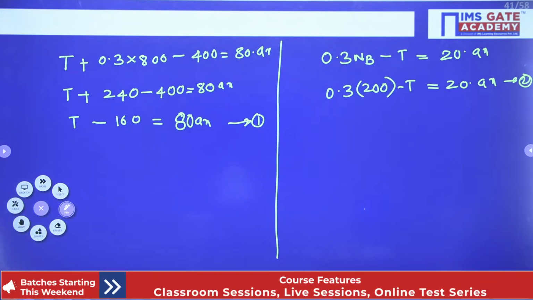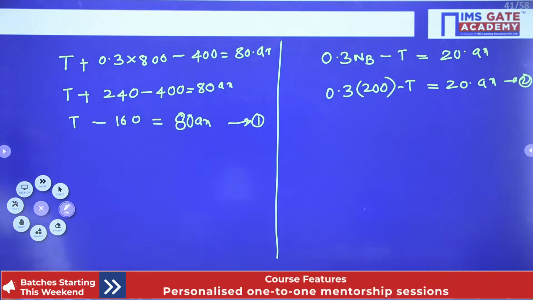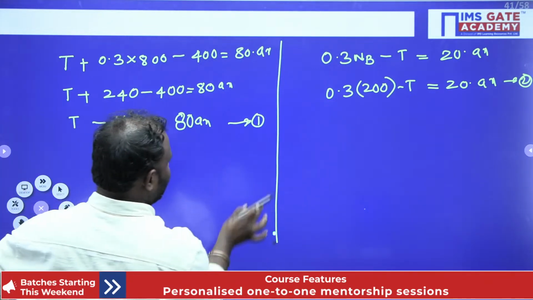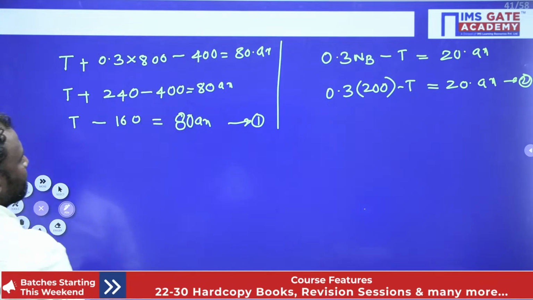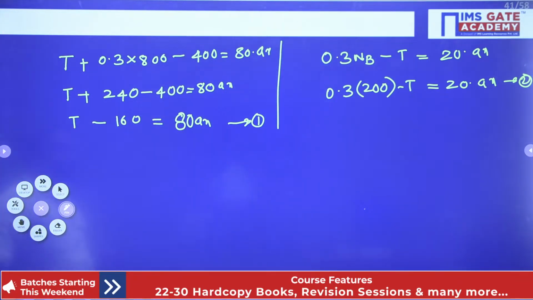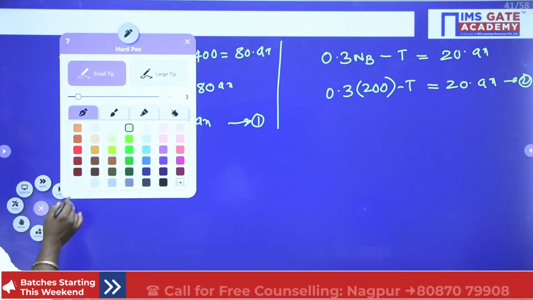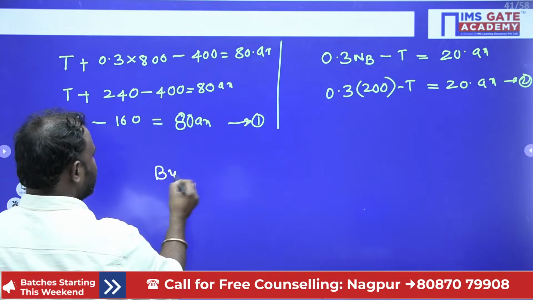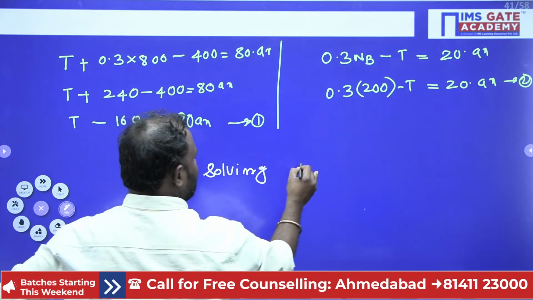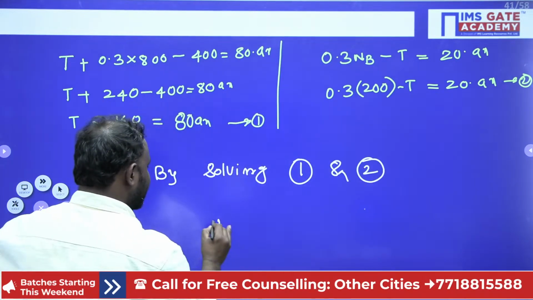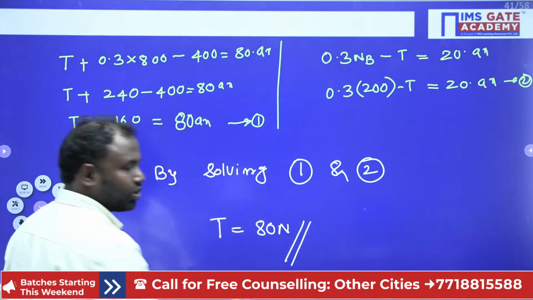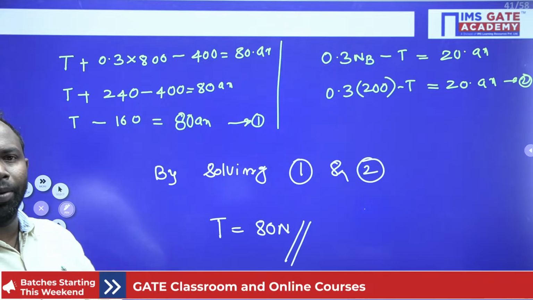So by solving these two equations, 1 and 2, you are going to get the tension as 80 newtons, isn't it guys? So I hope everybody understands, right.